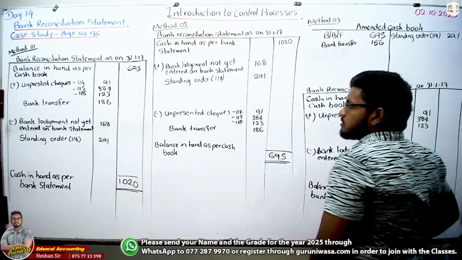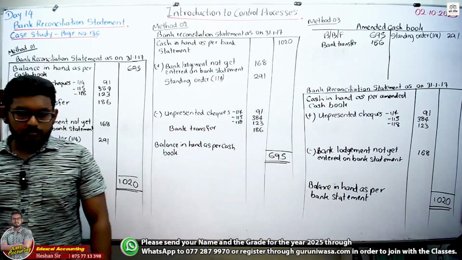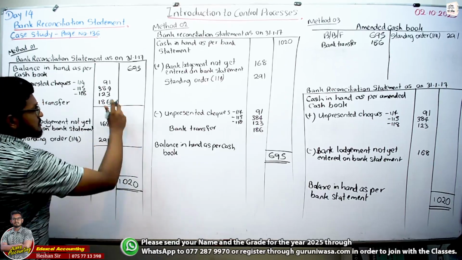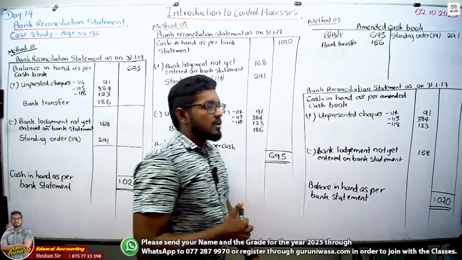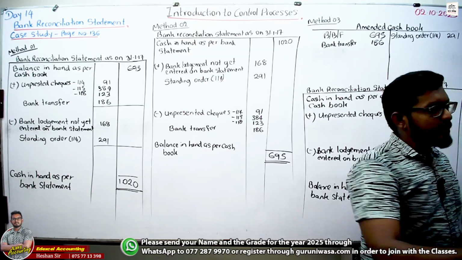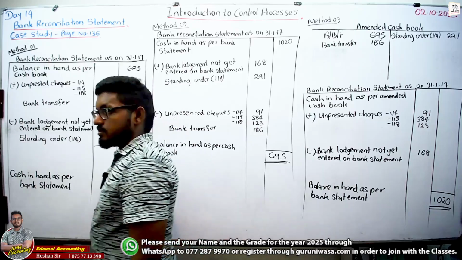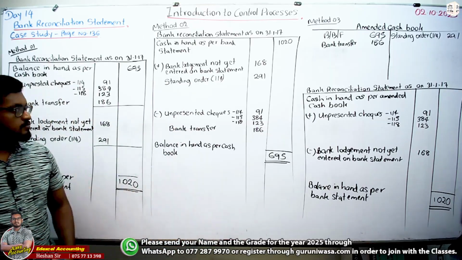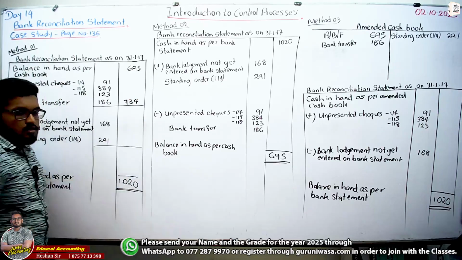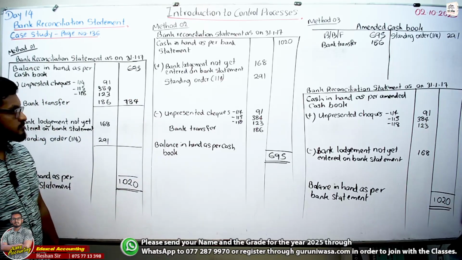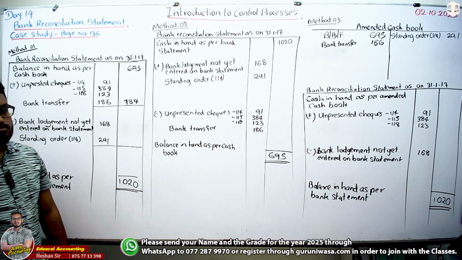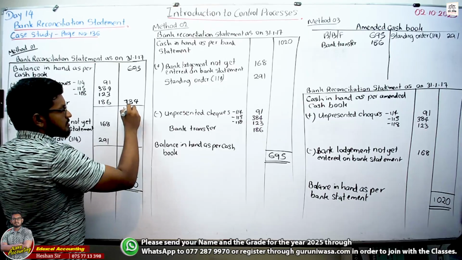Now I want your support. Take the calculators and tell me the totals, right? If you know anything through the phone, just tell me the totals in here. Total of these things: 91 plus 384 plus 123 plus 186, plus these two, and tell me the total. 695 plus 780, 400.